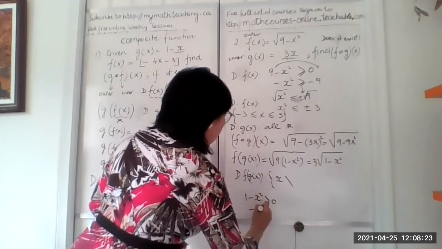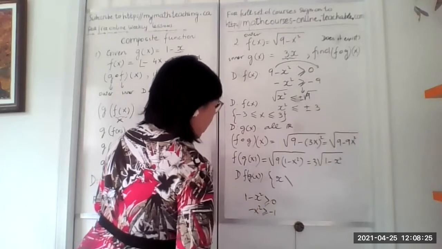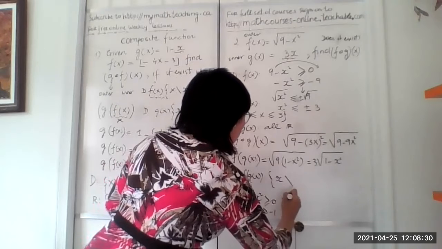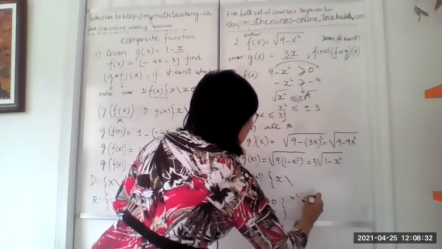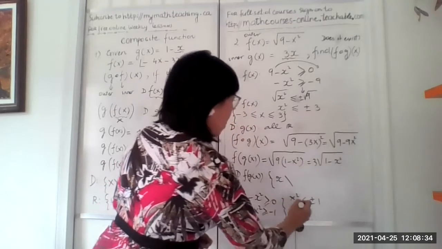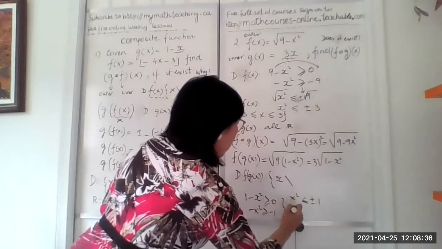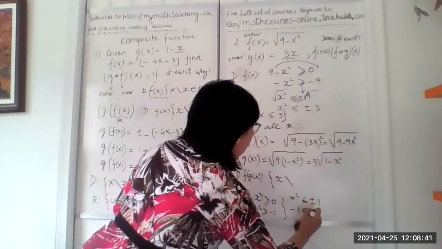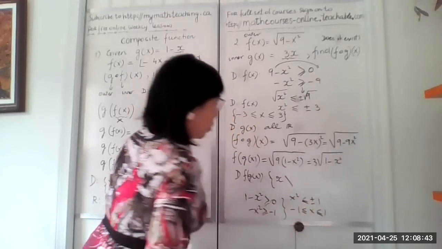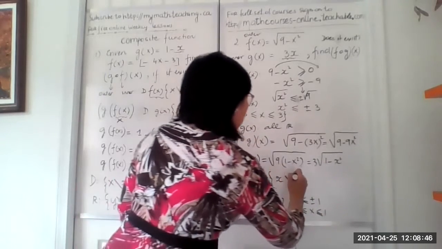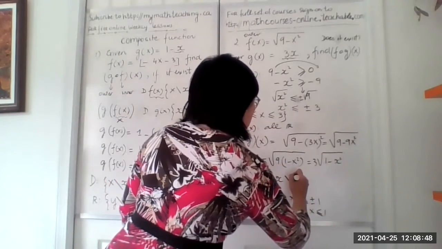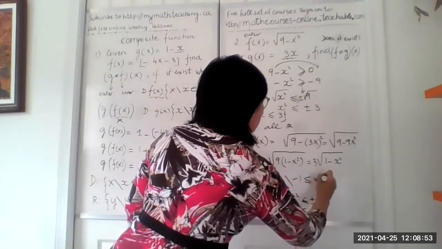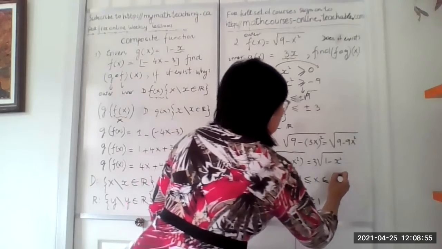So minus x squared has to be bigger than or equal to minus 1. So twisting the sides together, x squared has to be less than or equal to 1. So the domain of the new function will be minus 1 less than or equal to x less than or equal to positive 1.